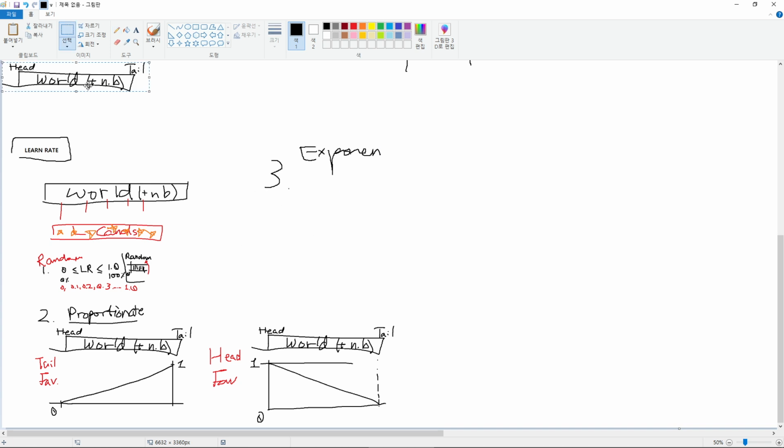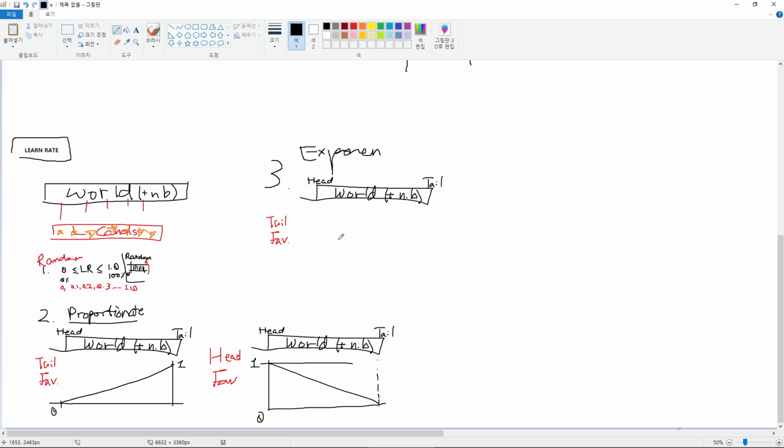And that would be in a tail favored situation. I would ensure that the tail entity has the highest learn rate, and the head entity has the lowest learn rate, but it has to look like an exponential distribution.